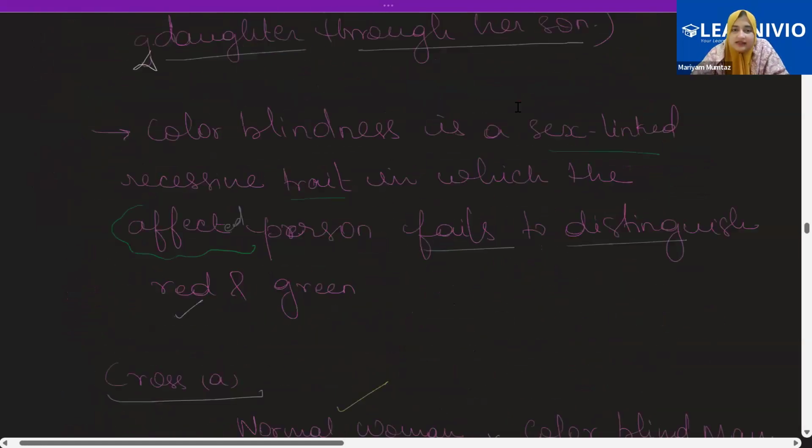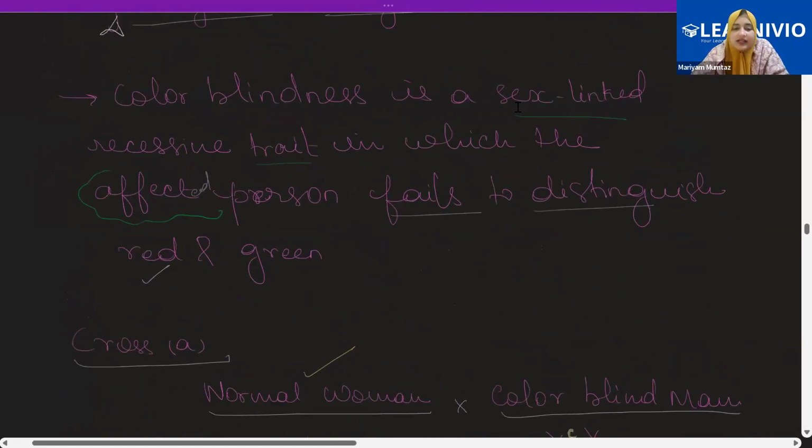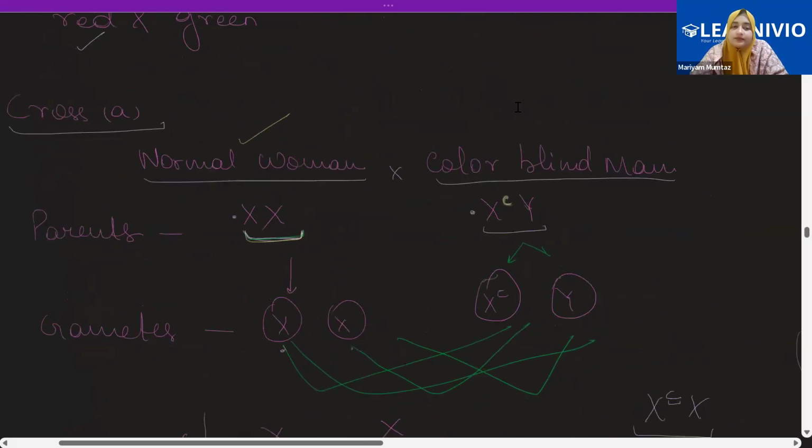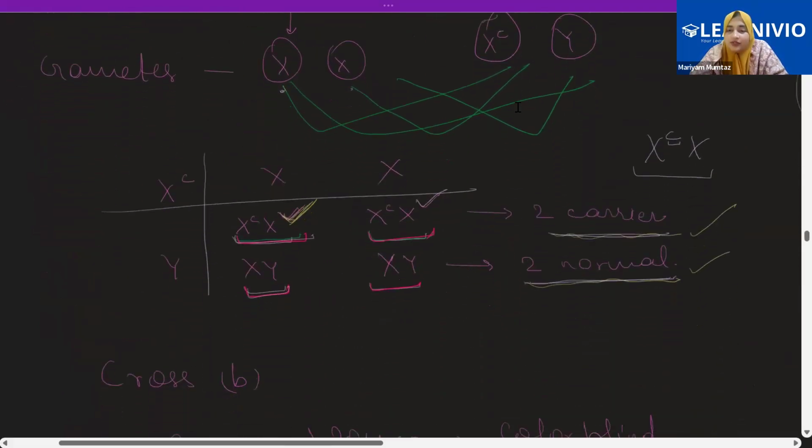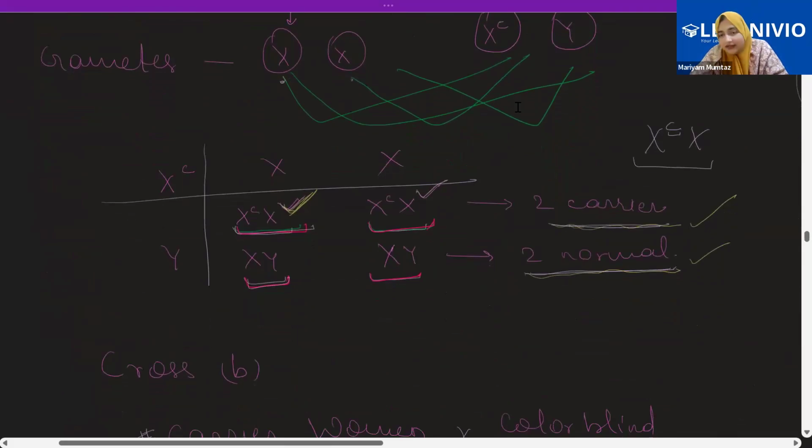Now it is a sex-linked disorder, right? And red and green color can't be distinguished. Now how can a person get the disorder? When a normal woman and a colorblind man get married and have children, amongst them two children will be carriers and two children will be normal.